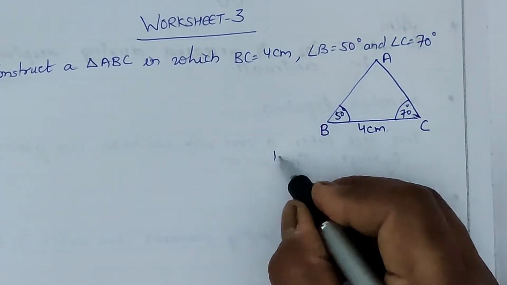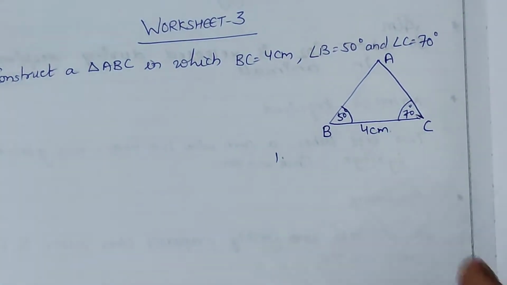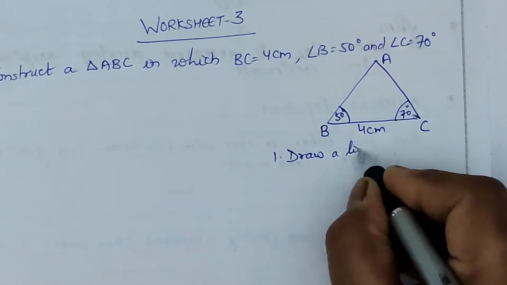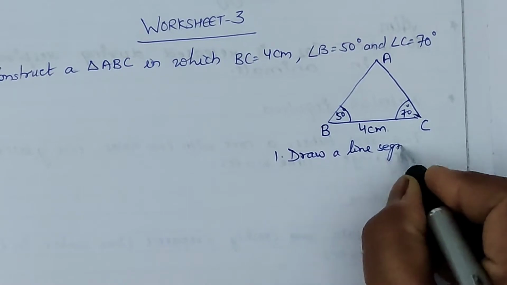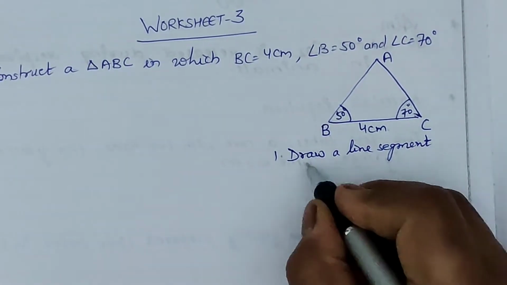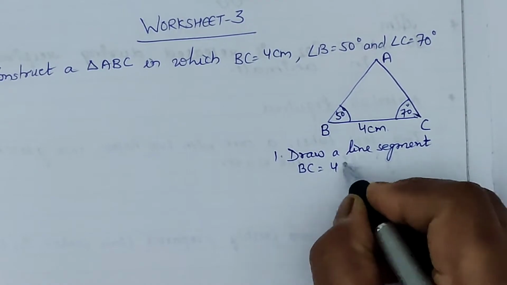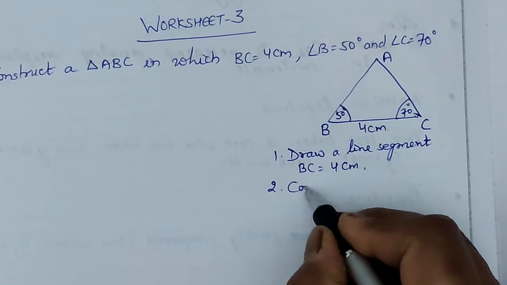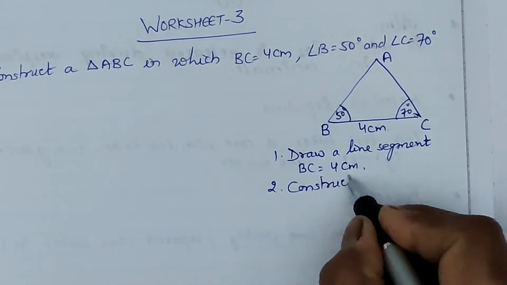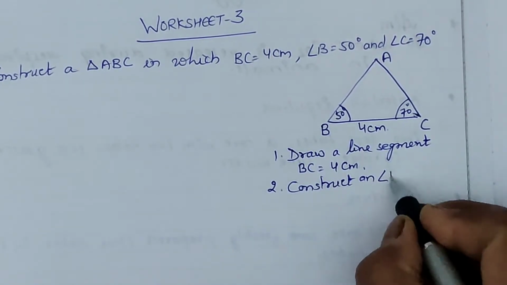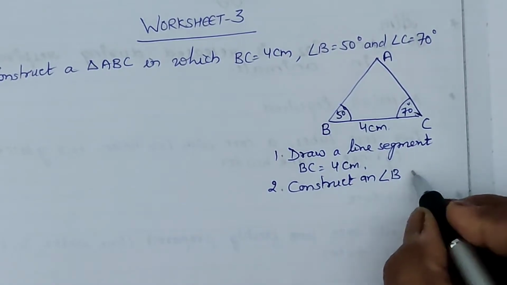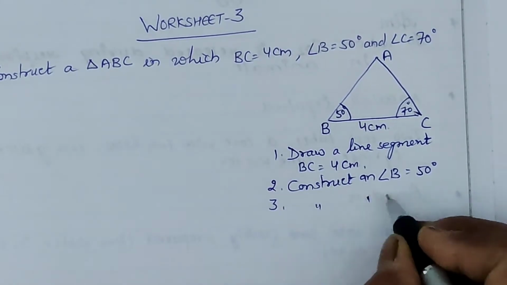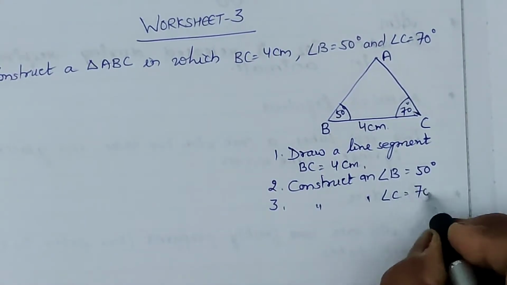Now the steps of construction. The first step is draw a line segment BC equal to 4 cm. Okay. Now the second step, construct an angle B equal to 50 degree. And number 3, construct an angle C equal to 70 degree.